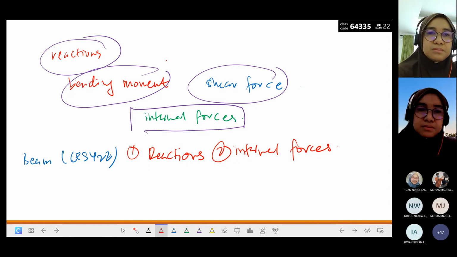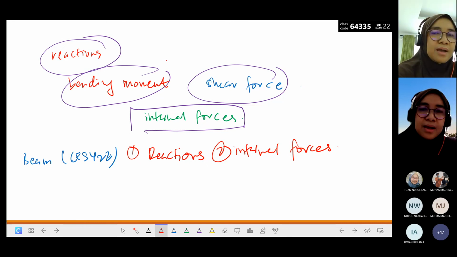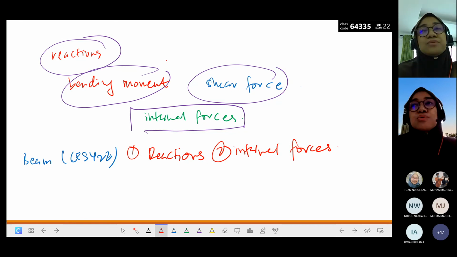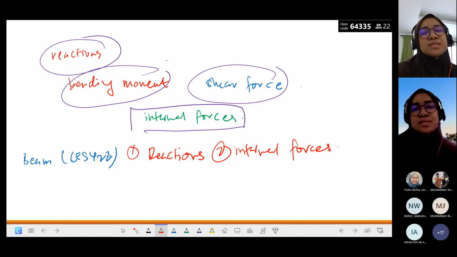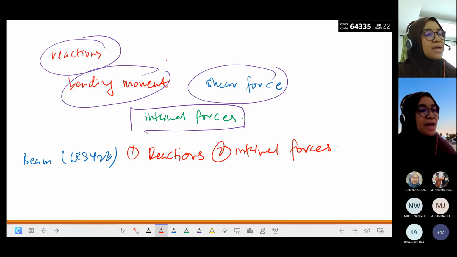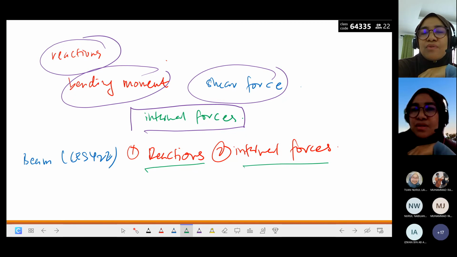You don't remember? As a civil engineering student, when you take structural analysis subject, whenever anybody asks you what have you learned in structural analysis, there are actually three words to represent structural analysis. Reaction and internal forces.